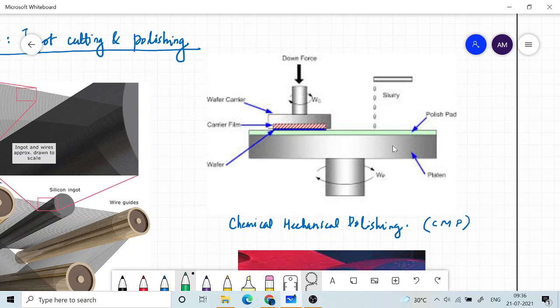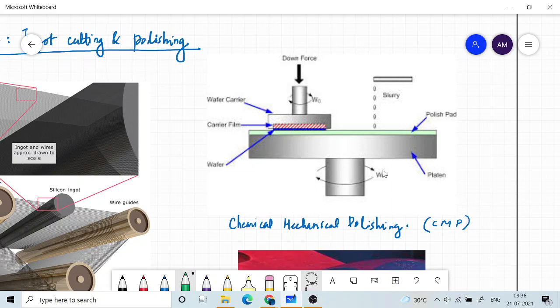This is the holder you can see here, which is going to be rotated. It can hold multiple wafers on it. Okay, so there is one holder which is shown here, and it can rotate on its axis, and this bottom polish pad also can rotate on its axis, so they can rotate in opposite directions.